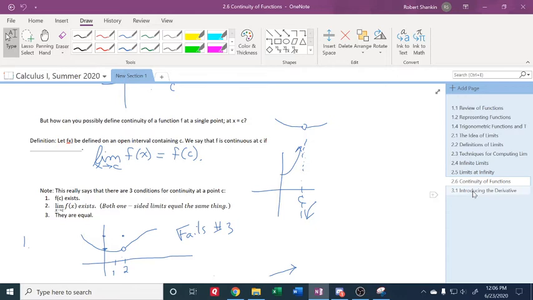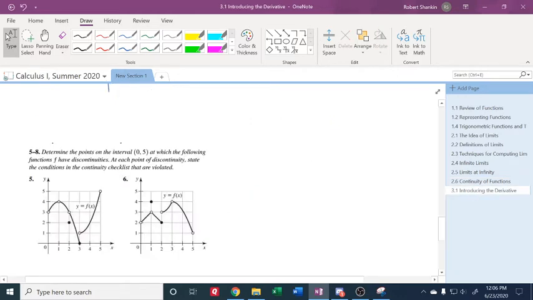The first 2 parts: if we go back to here, f of c exists. The limit does exist, because when you approach 1 from the left and from the right, you both get a height of 3, but it does not satisfy part 3. The 3 and the 4 are the answers for part 1 and 2, and they are not equal to each other.